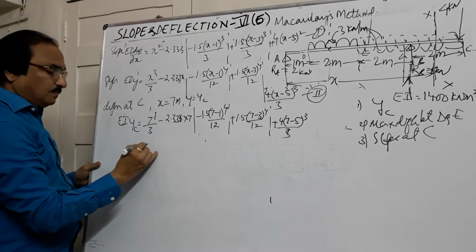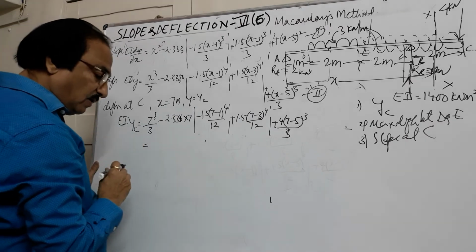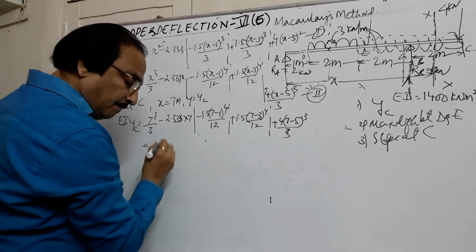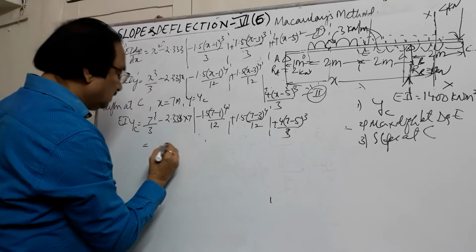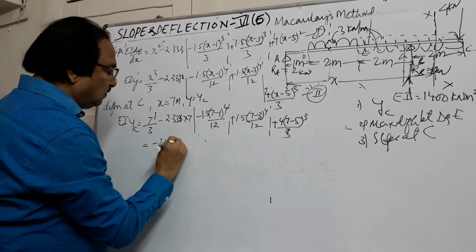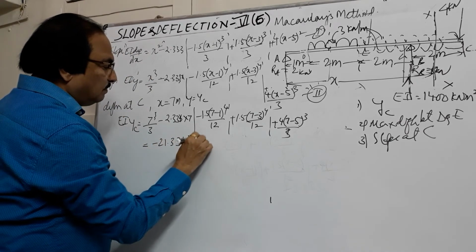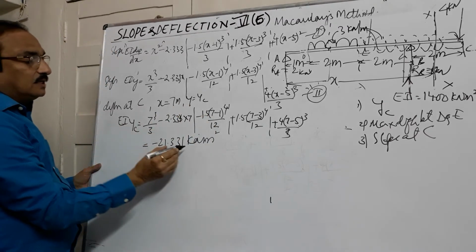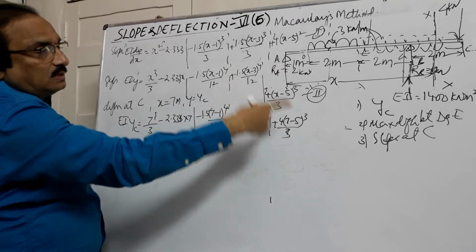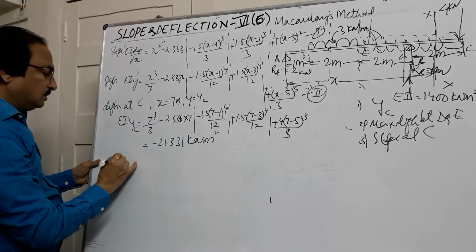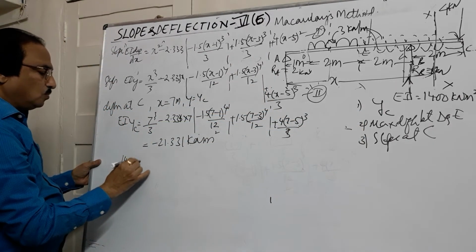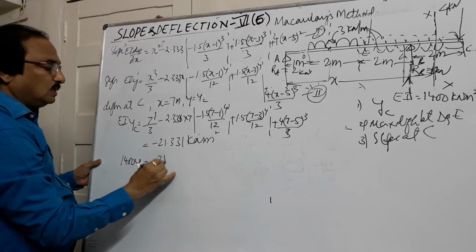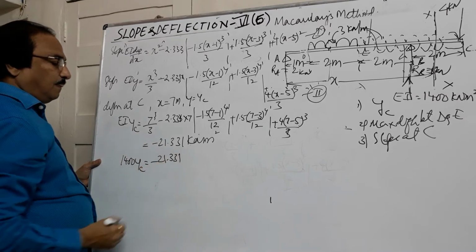So if you simplify this, the value of YC you will get is minus 21.331 kilonewton meter square. We know the value of EI, that is also in kilonewton meter square. So let us use this: 1400 into YC is equal to minus 21.331.